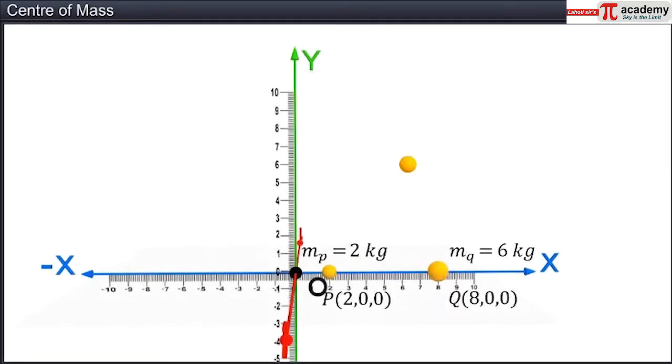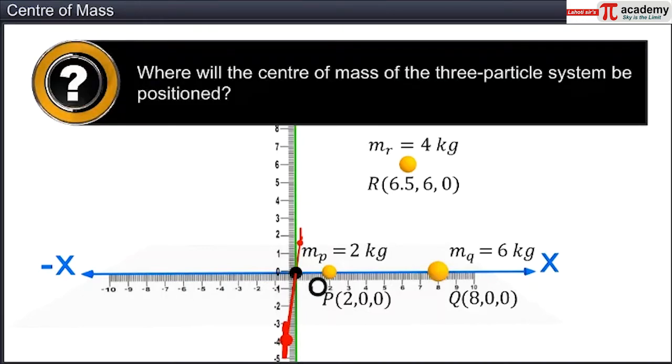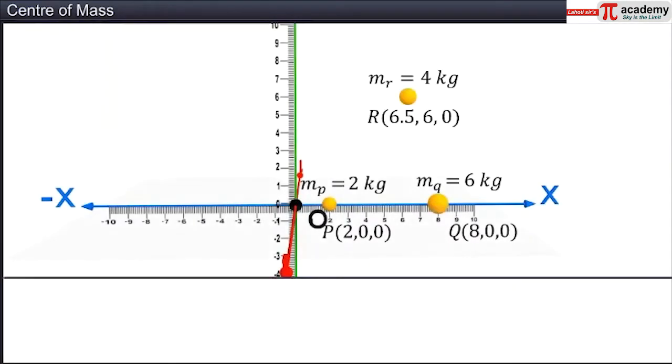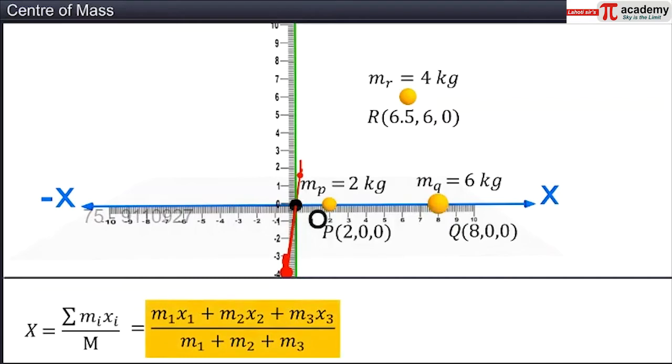If we place one more particle of mass 4 kg at point R 6.5, 6, 0, where will the center of mass of the three-particle system be positioned? The given set of particles are on the xy plane, and hence the center of mass also lies on the xy plane.